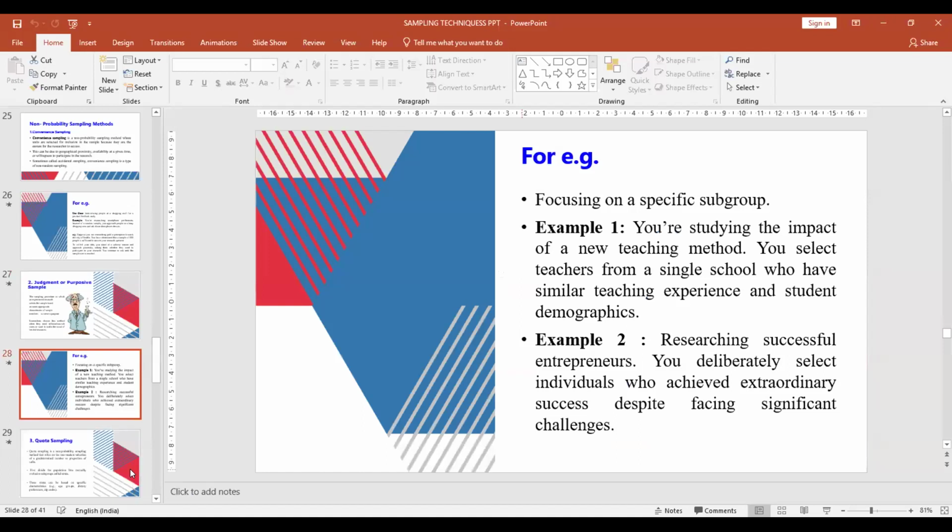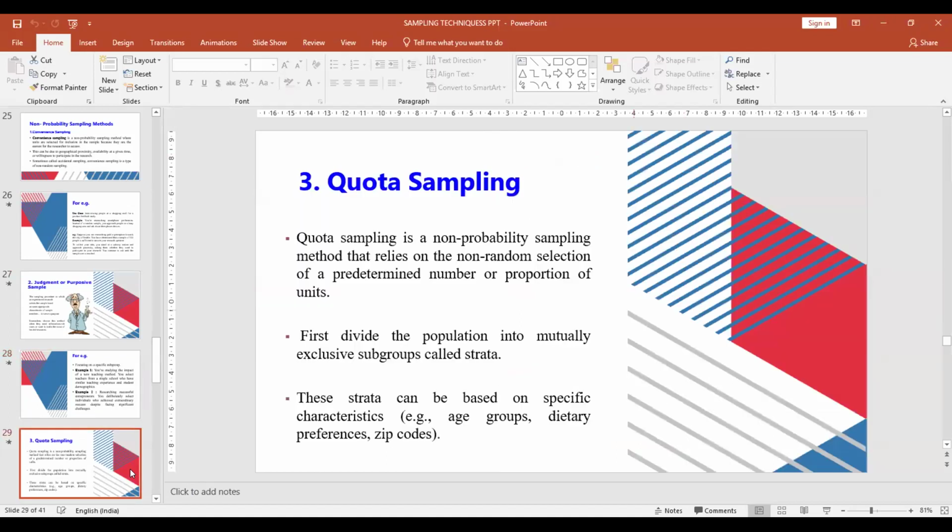Another one is quota sampling. It is also a very simple sampling. Quota sampling, as you know, is a special type of stratified sampling. First of all, in this method, the population is stratified on some basis, preferably on the basis of the characteristics of the population under study.